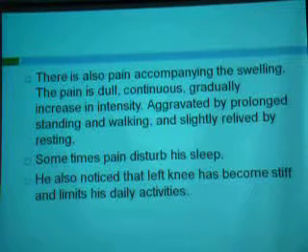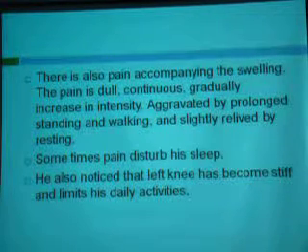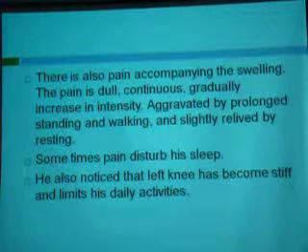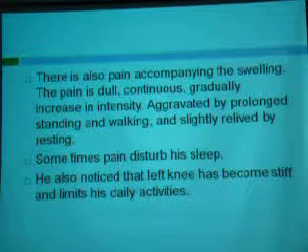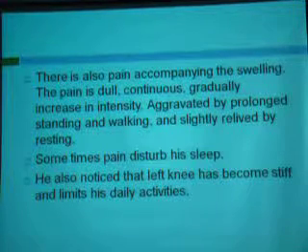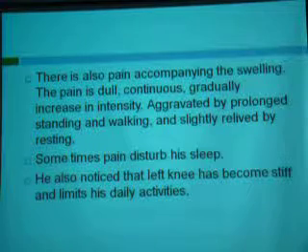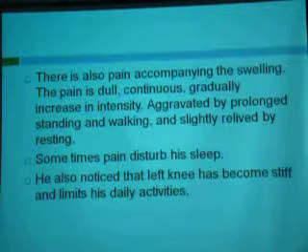In the acute phase of osteomyelitis, before the sinus is formed or there is an abscess, there will be throbbing pain which will also disturb the patient's night sleep. Once the sinus is formed and there is chronic discharge, it may become painless. So the nature of the pain and the duration is an important history.